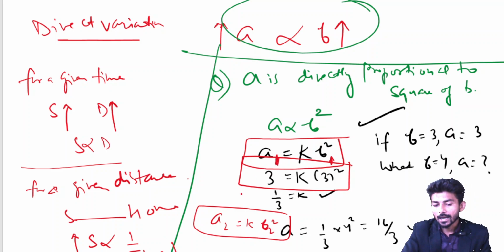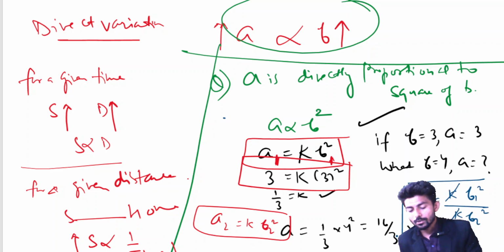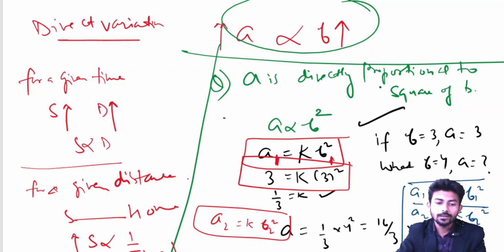Now, dividing both equations, we can write A1 by A2 is equal to K B1 square by K B2 square. So this K and K get cancelled. So it is not actually required to find K, because that is time consuming.